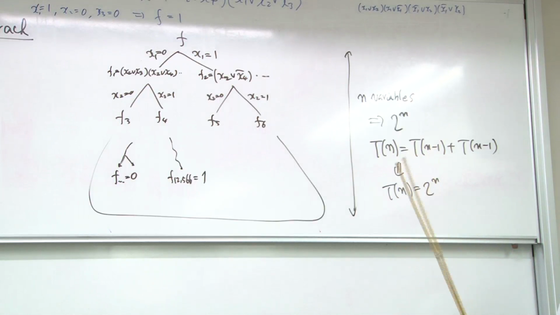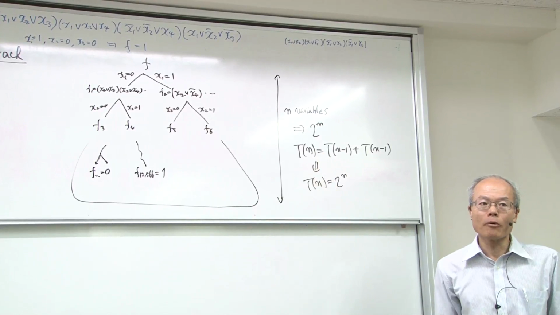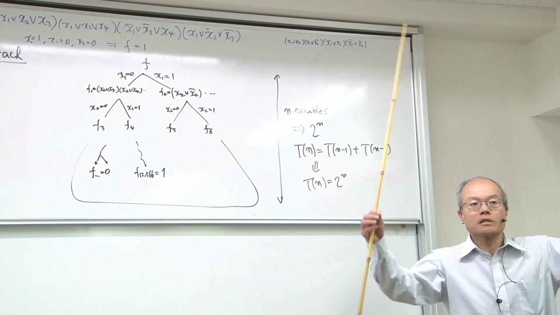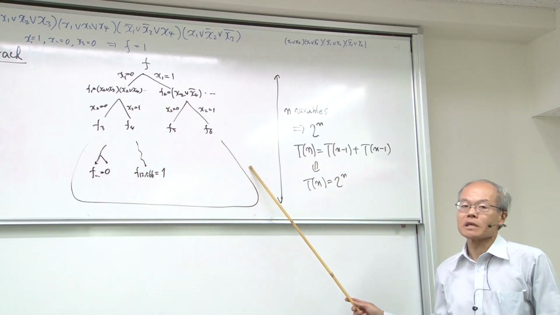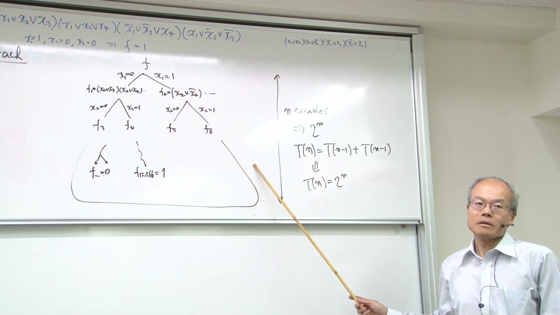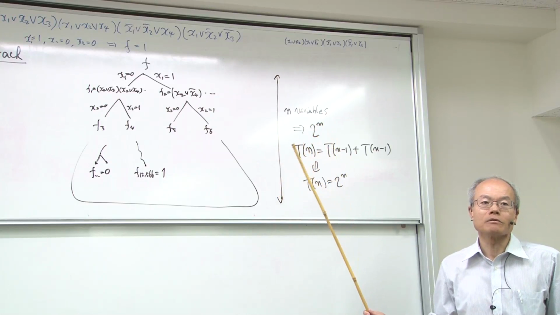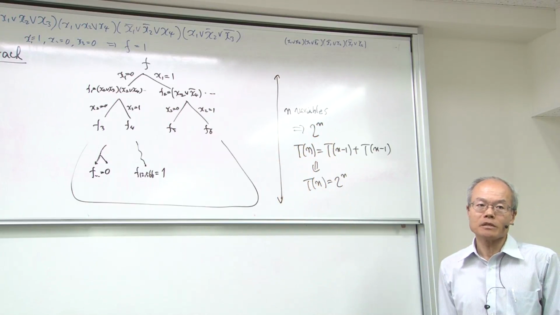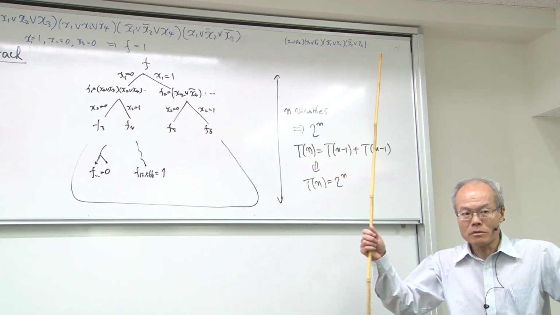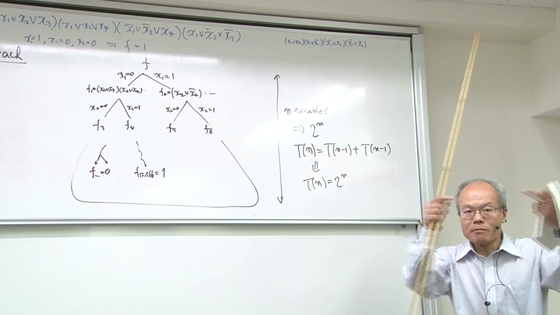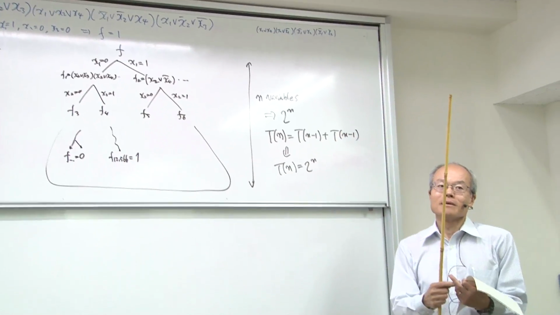We don't have any good property to reduce the number of different formulas in, for example, some level. We have too many different possibilities for formula, so we can't bound the number of different formulas.